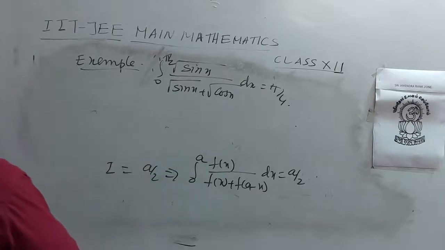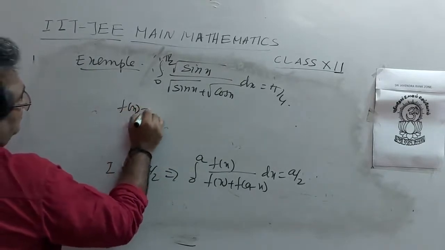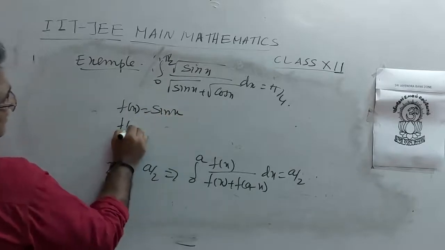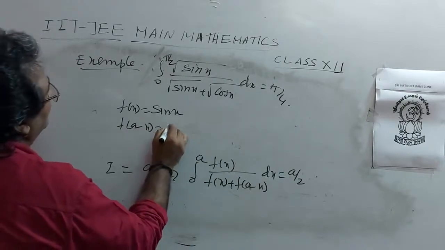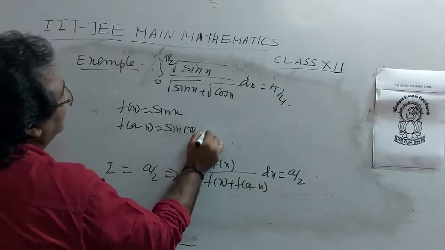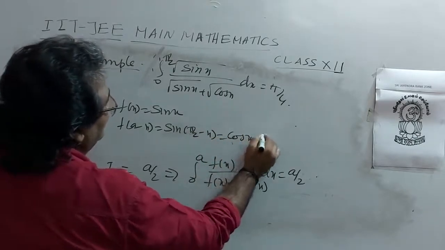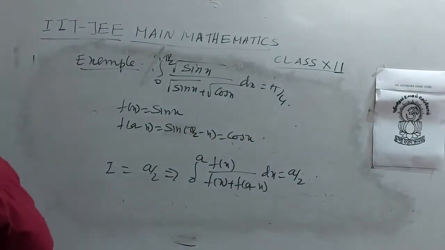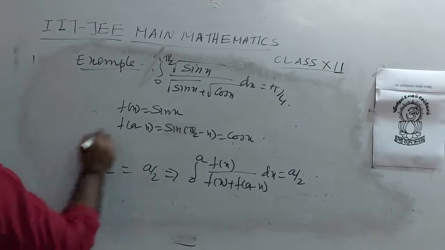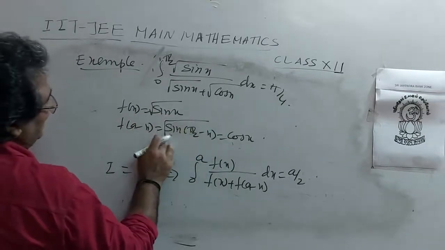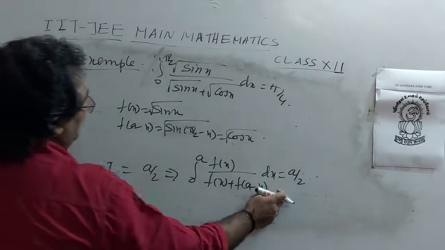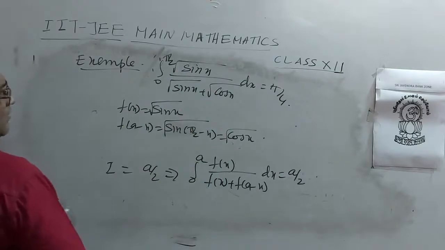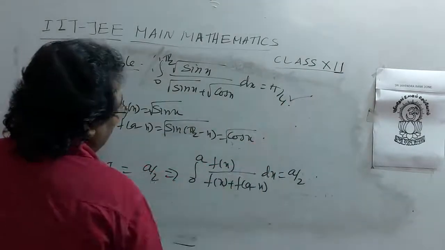So without solving, you can write f of x is root sin x, f of a minus x is f of pi by 2 minus x, that is root cos x. So we can apply the result a by 2, a takes only pi by 2. Therefore a by 2 by 2, the answer is pi by 4.